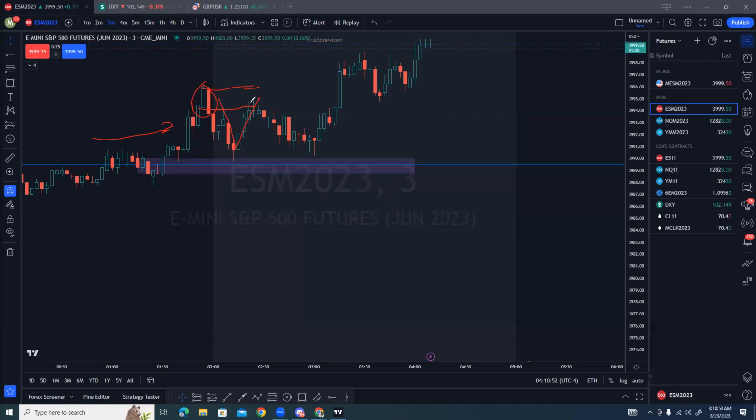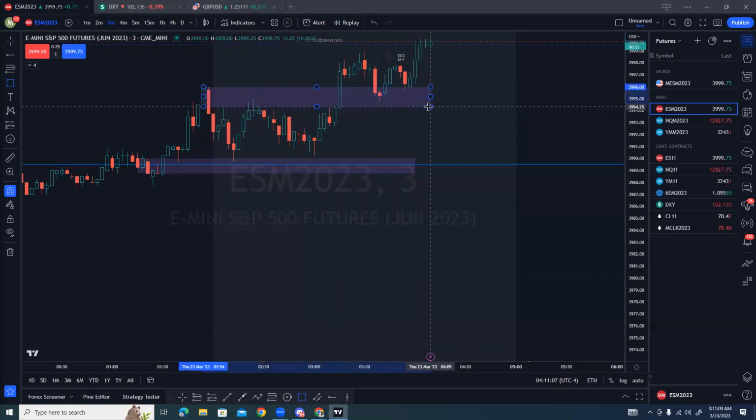Mm-hmm. Price respects it, moves away from it, but then we just broke through it. Now it becomes the breaker. So there are multiple ways that you can trade using order blocks, and that's the reason why it takes time. So I'm going to pull the 50% of this breaker.